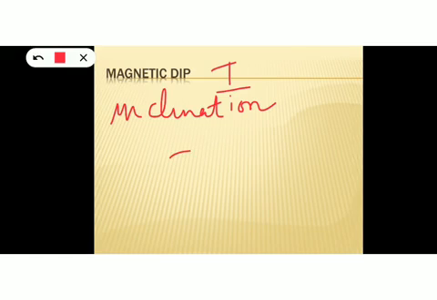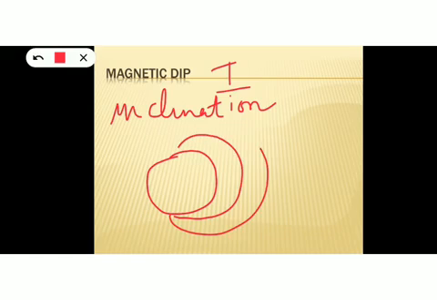If you consider this as our Earth, and these are the magnetic field lines of Earth. What will be the direction of magnetic field lines? If you move in this direction, what is the direction of magnetic field at this point? The direction of magnetic field line is obtained by drawing a tangent.